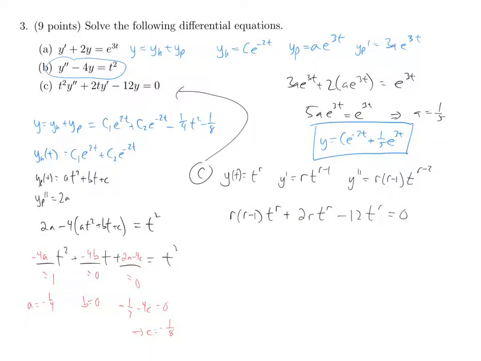So we get r times r minus 1 plus 2r minus 12, times t to the r, equals 0. So that thing better be equal to 0.